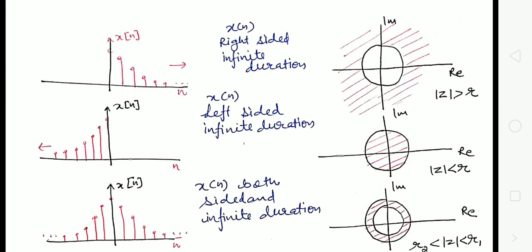Now all these three properties we will see in pictorial form. In the first one we have shown a right sided sequence which is infinite in duration. So we get the ROC outside of the unit circle, or of the circle of radius r, outside of the circle. If x(n) is left sided and infinite in duration, then we will get the ROC inside the circle.